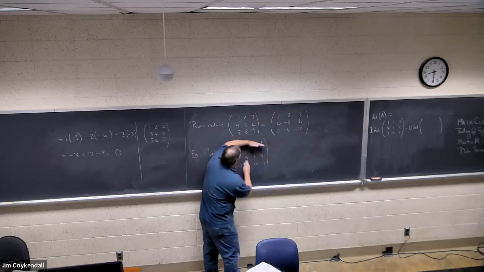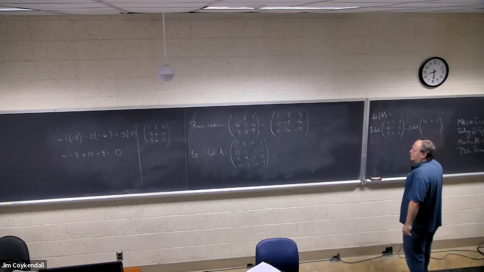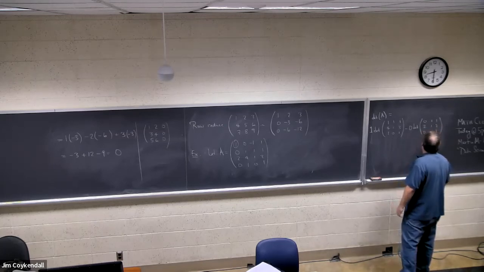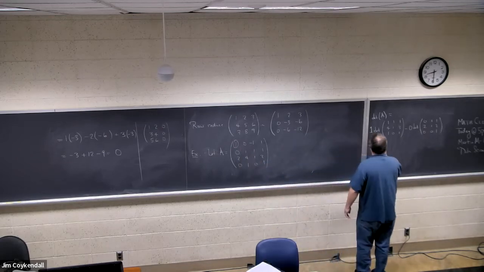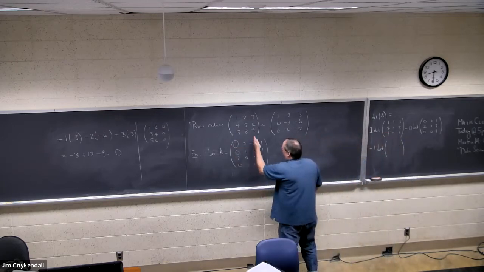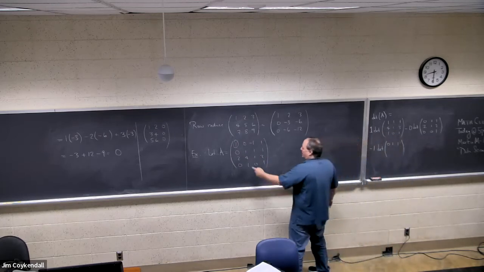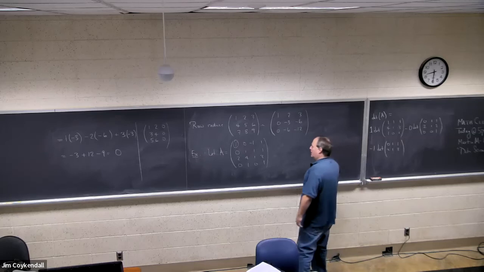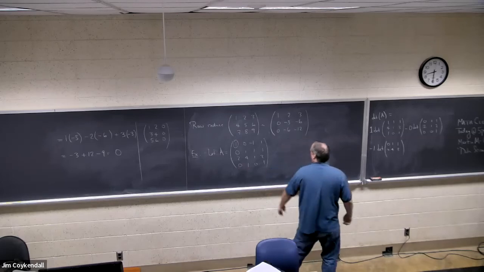If I do first row and the second column, I get 0, 1, 1, 2, 1, 3, and 0, 0, 1. Plus, minus, plus, so that's going to be minus 1 times the determinant of what I get when I do the first row and third column: 0, 1, 1, 2, 1, 3, 2, 4, and 0, 1.